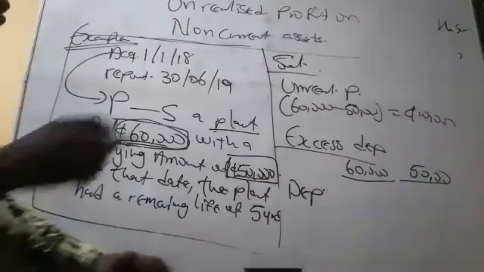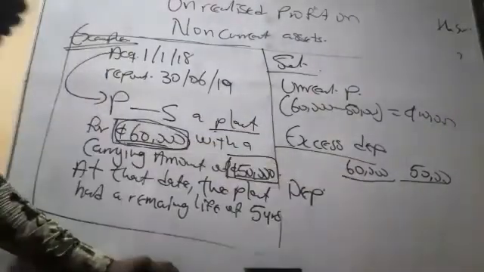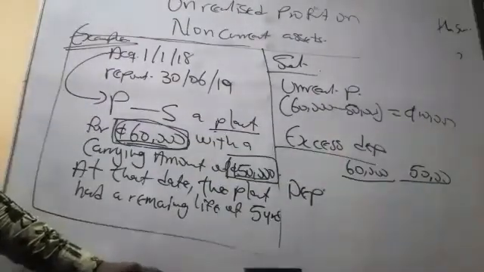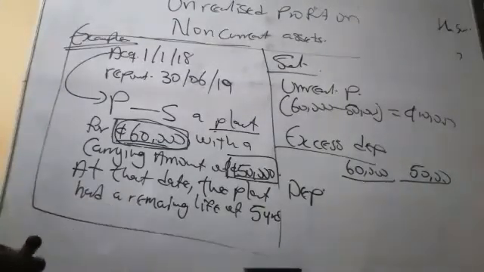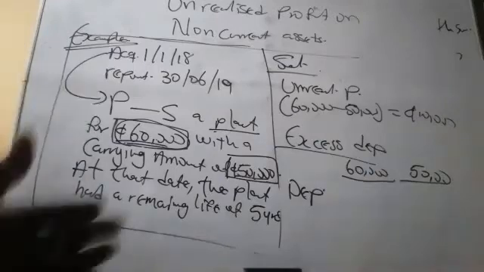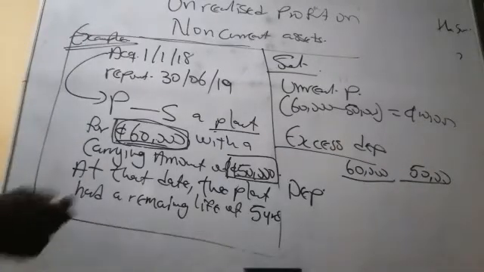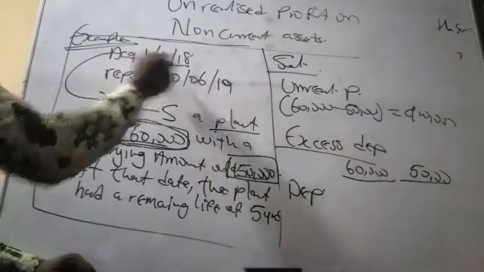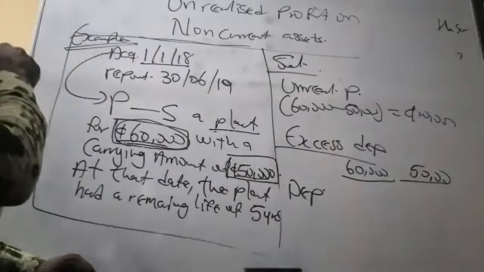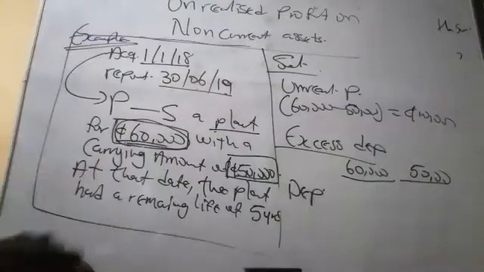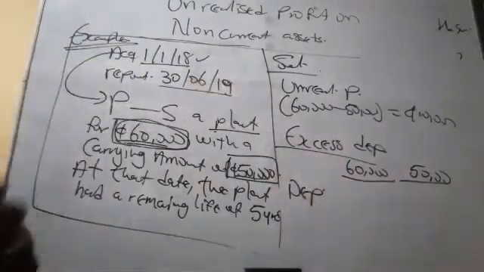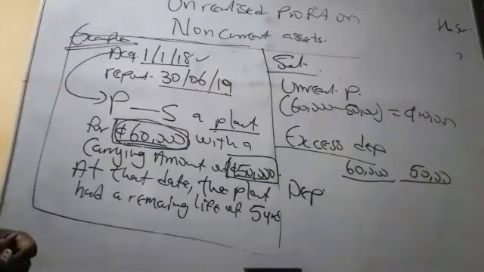Great. Now let's calculate the depreciation here. Cumulatively, from acquisition period to the reporting period, what's the total depreciation charge so far? The subsidiary was acquired when? 1st January 2018. And then we are reporting when? 30th June 2019. So the whole of 2018 plus 6 months, making 1 year, 6 months. Agreed.